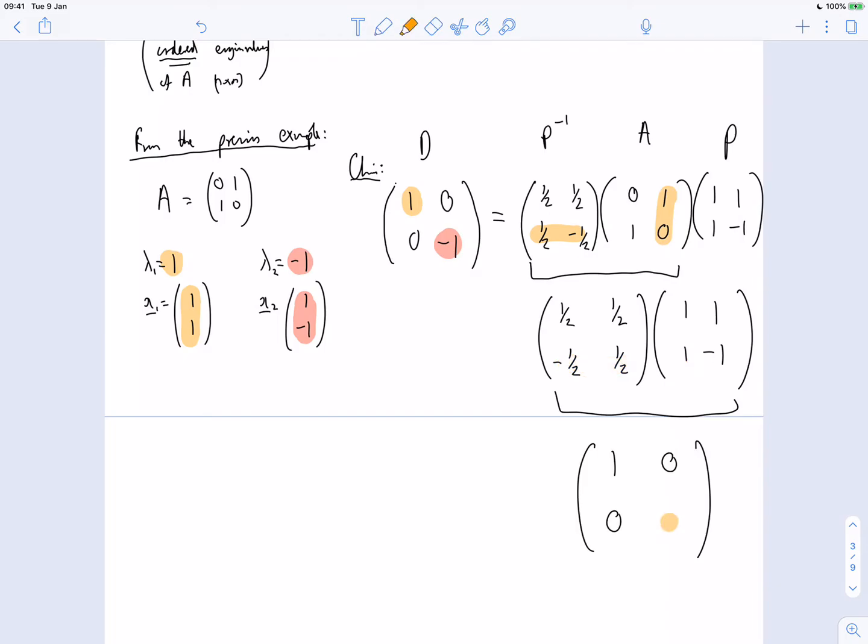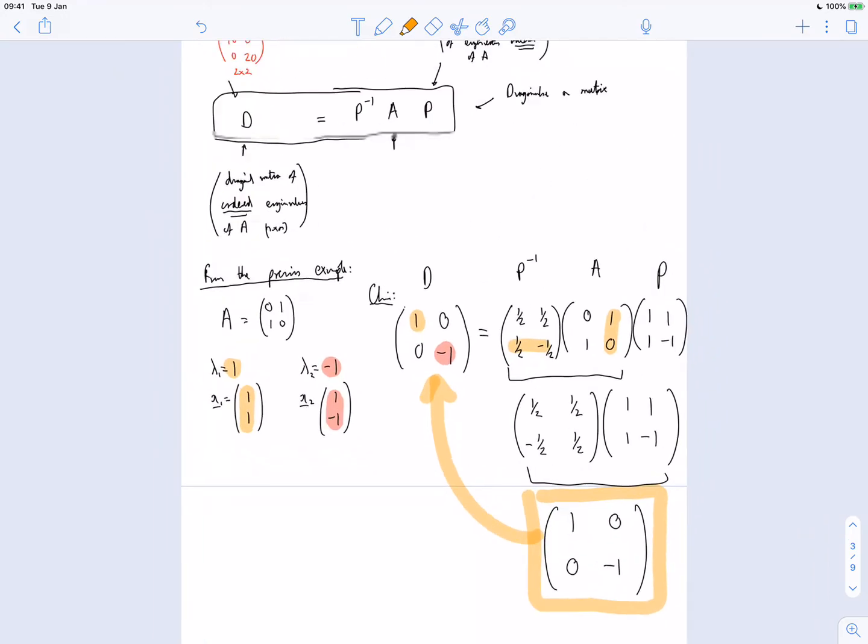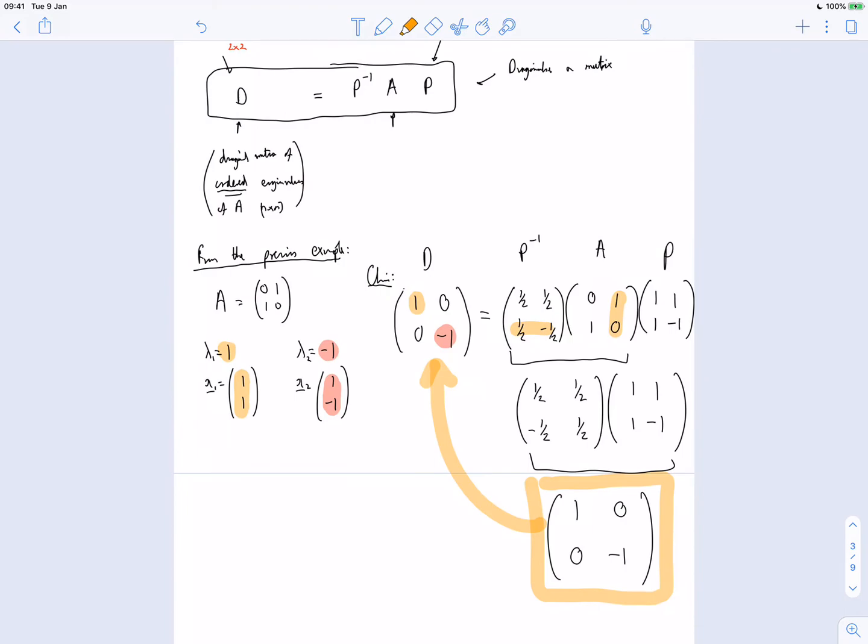And then finally, on the second row, second column, I'm going to have minus a half times 1, which is minus a half, plus a half times negative 1, which is another minus a half, and minus a half plus another minus a half is just going to be negative 1. And lo and behold, this is the same as what we were supposed to be getting up there. Okay, so that's an example of how the diagonalization would work.